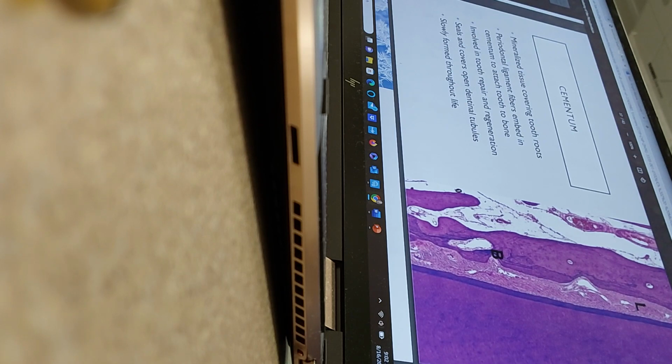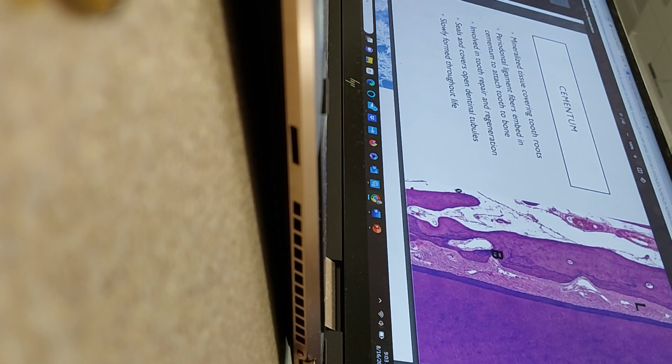This is another actual picture of an interface, okay? A thin layer of cementum covers the dentin of the root.